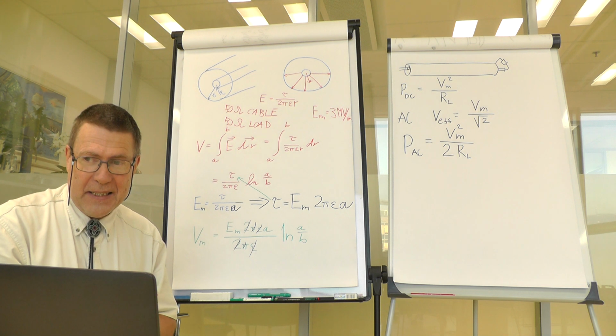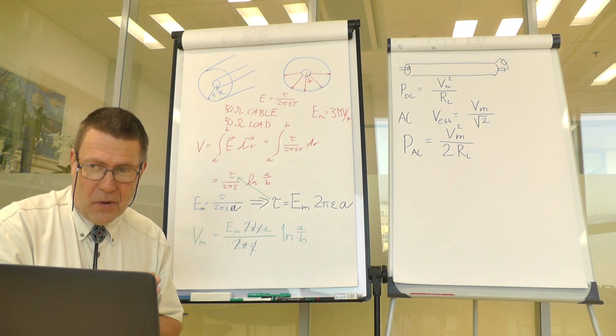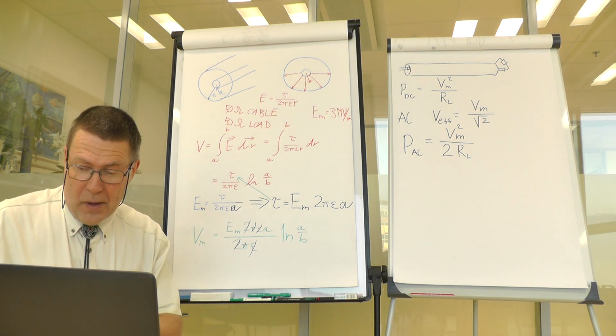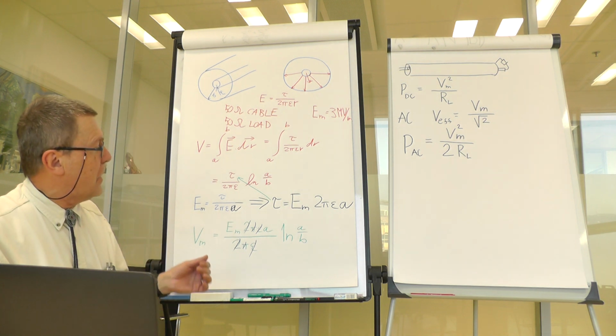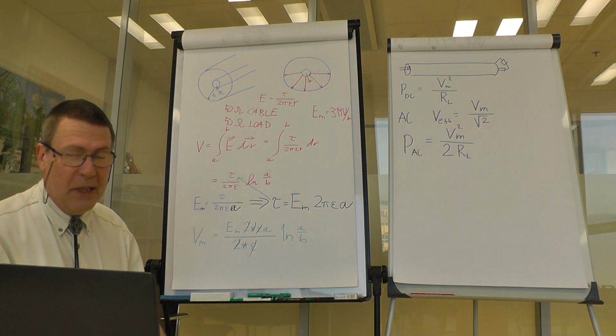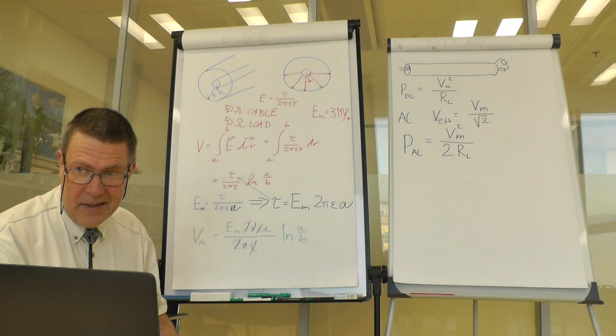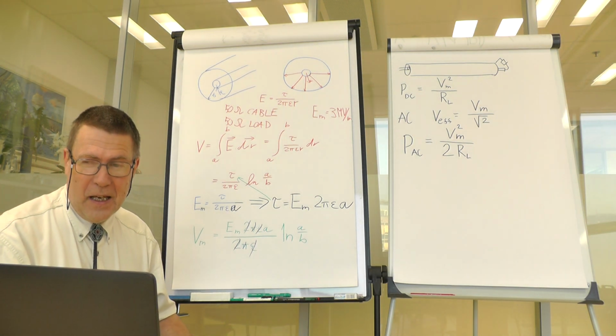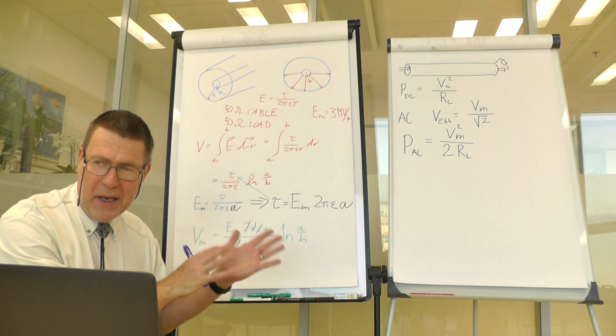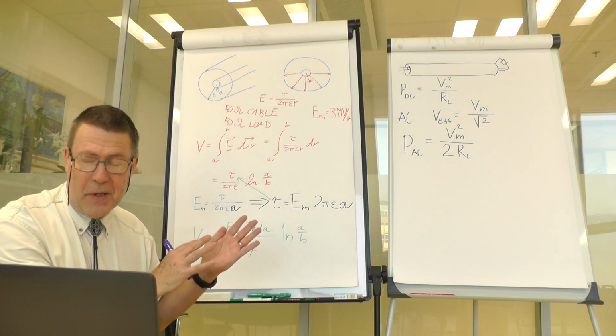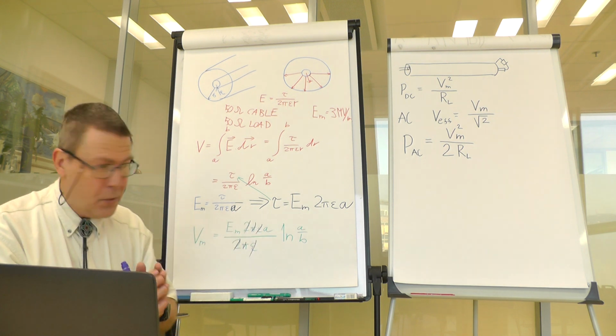Now let us consider a termination of the coaxial cable, which would be 2 times the characteristic impedance of the cable. So if we have a 50 ohm cable, now we will deliver the power to a 100 ohm load.